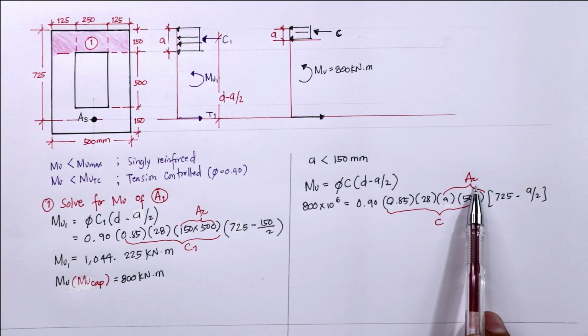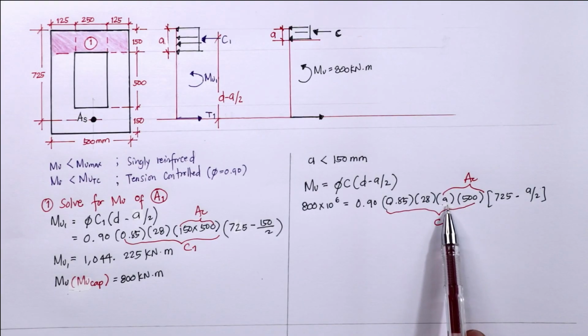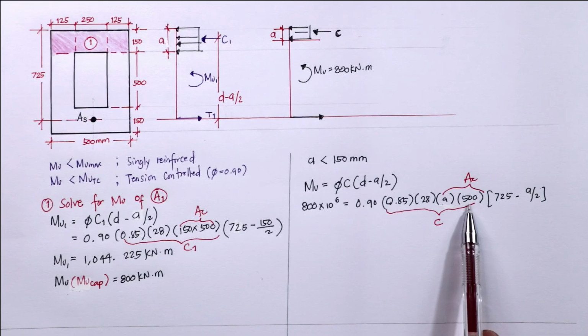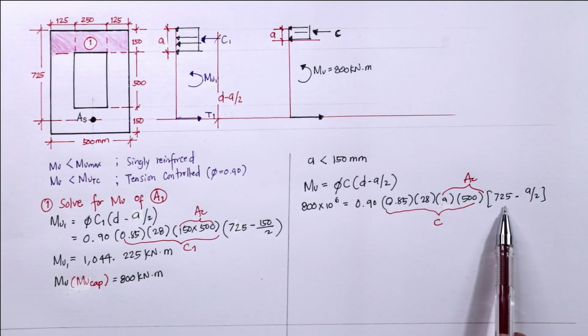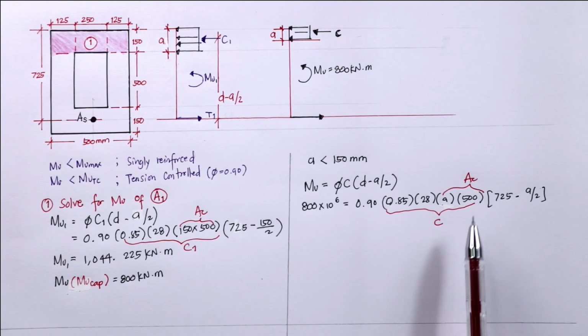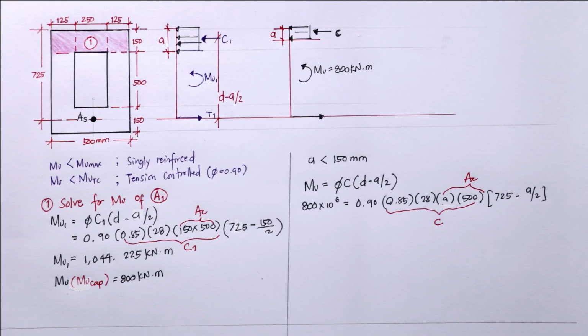Since yung area ng concrete natin under compression is rectangle, ang gagamitin natin formula is equal to A times B, 500. Multiplied by the moment arm, D minus A over 2. Then D is equal to 725. Ang unknown lang na value sa ating equation is A, kaya makukuha na natin yung value ng A. Then the value of A is equal to 111.62 mm.